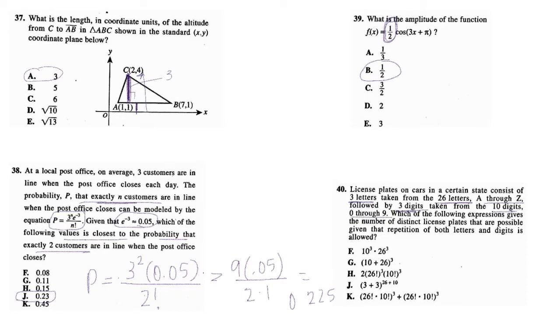Which of the following expressions gives the number of distinct license plates that are possible given that repetition, that is important, of both letters and digits is allowed? So if we can repeat ourselves, and there's 26 to choose from, and we have 3 letters, followed by 3 digits.